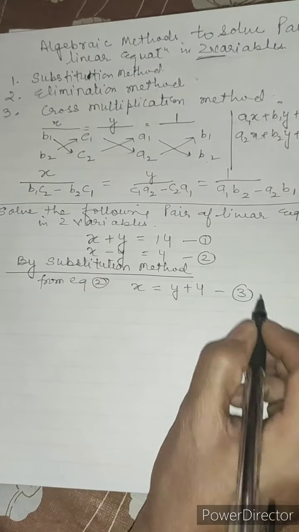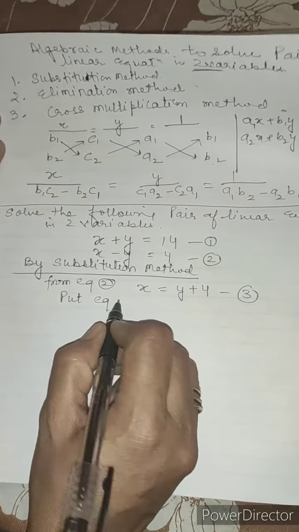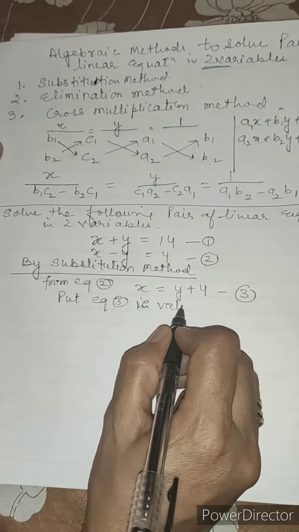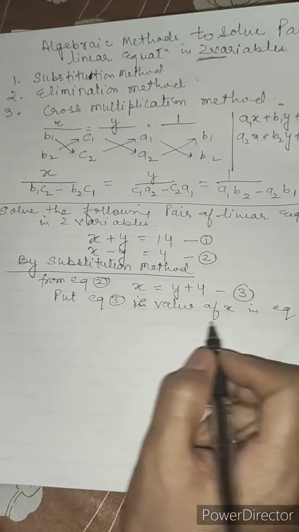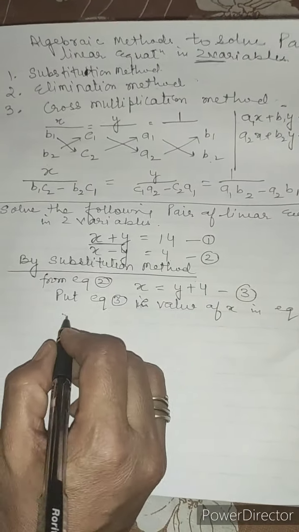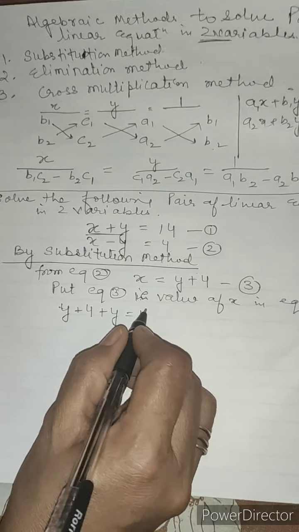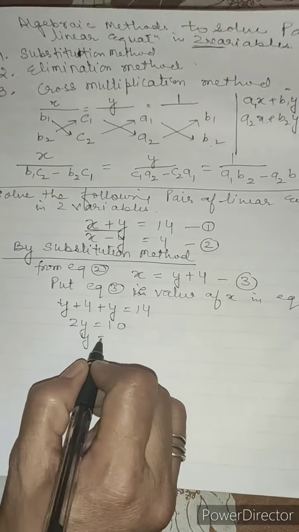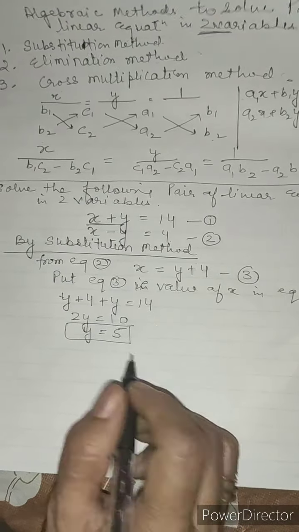Let it be equation 3. Now put equation 3, that is the value of x, in equation 1. So I get, instead of x I will write y plus 4 plus y equal to 14. So 2y equal to 10, y equal to 5. So my answer is y equal to 5.